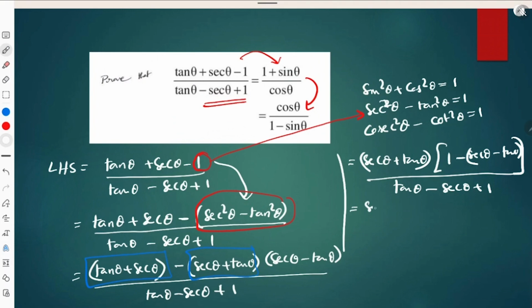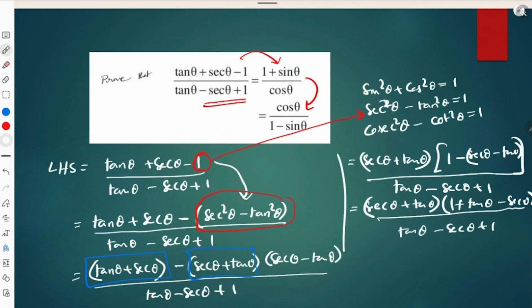So secant theta plus tan theta into this, which is 1 minus tan theta plus secant theta, 1 minus 1 plus tan theta minus secant theta, whole divided by tan theta minus secant theta plus 1. And this is same as that numerator. So these two terms get cancelled. So you'll be left with secant theta plus tan theta.